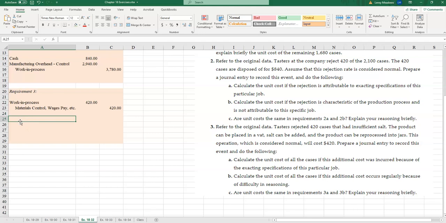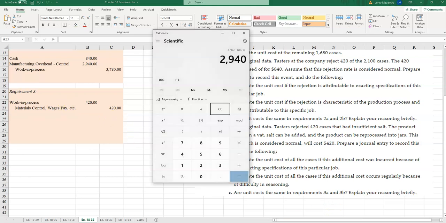Now, what is the total unit cost? Because this is specific to the job in and of itself, we're going to roll the cost into that job. So I'm going to take how much of my cost? My total costs were what? According to the problem here, 2,100 cases times $9 per case gives me $18,900.